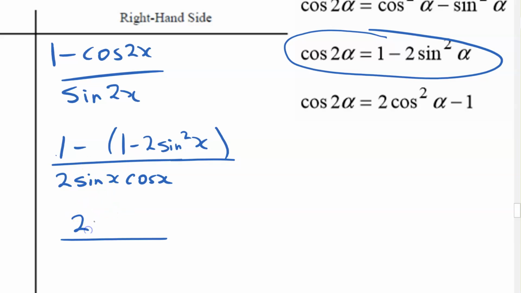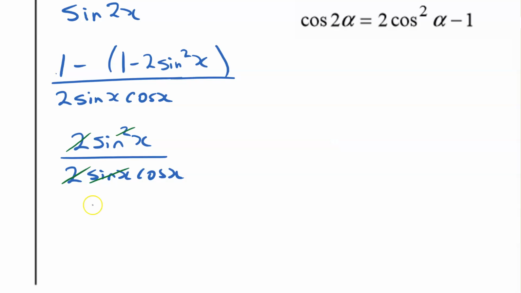I'm going to get a positive 2 sine squared x all over 2 times the sine of x times the cos of x. And now everything falls into place. So the 2's are going to cancel each other out, and one of the sines is going to cancel out. So I end up getting the sine of x divided by the cos of x.